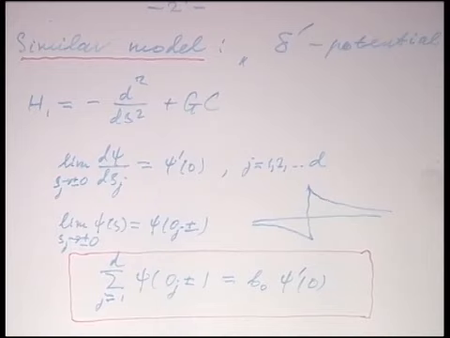But the function has different limits. The functions by themselves have different limits in different directions, and the sum of the limits over all directions equals b naught times this common value of the derivative. This is delta prime.